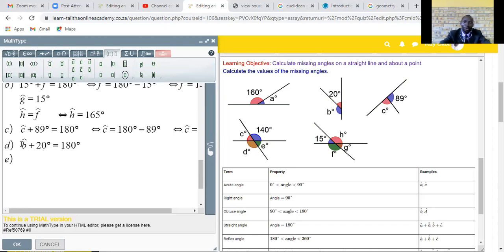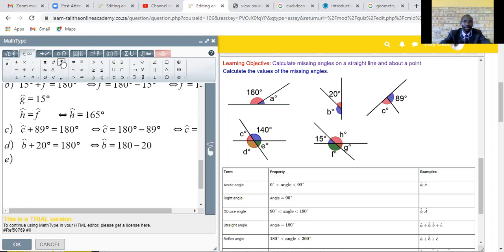And when we do that, we will find the value of angle B. So in the next step we will be having angle B now equal to what? 180 degrees minus 20 degrees.